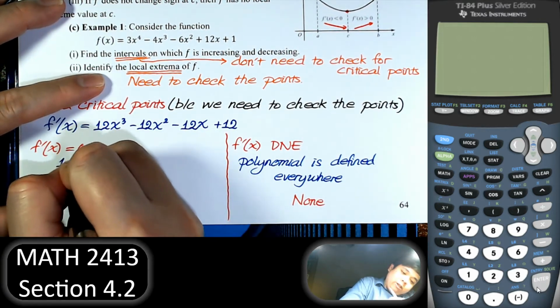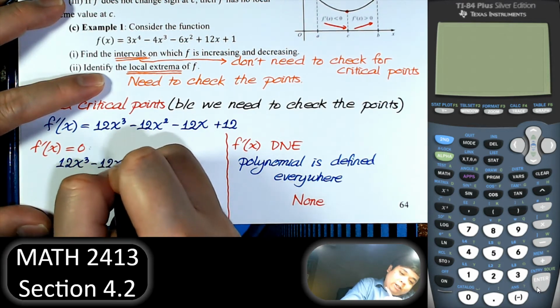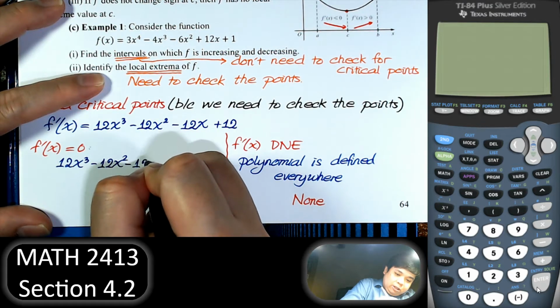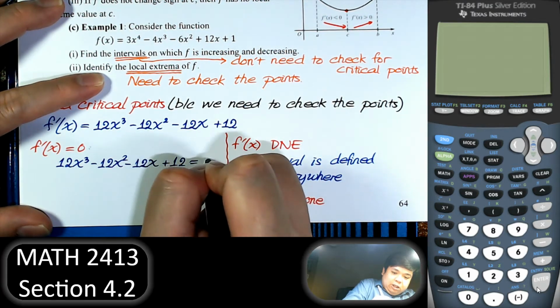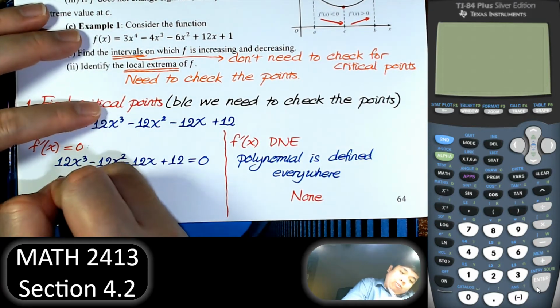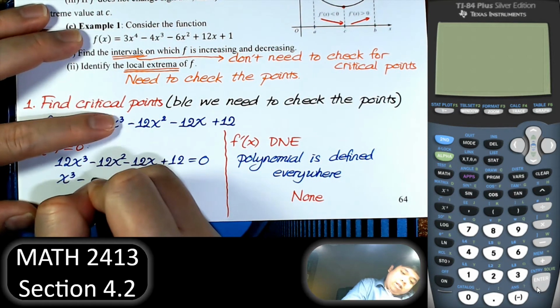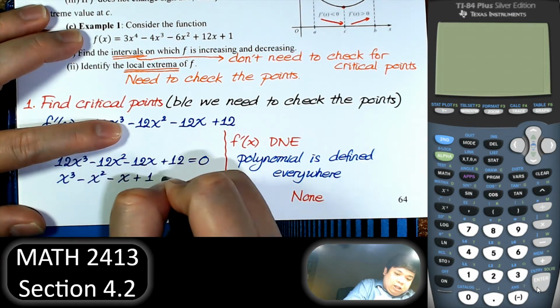So 12x cubed minus 12x squared minus 12x plus 12 equals 0. First of all, all of them are divisible by 12, so I will divide everything by 12. x cubed minus x squared minus x plus 1 equals 0.